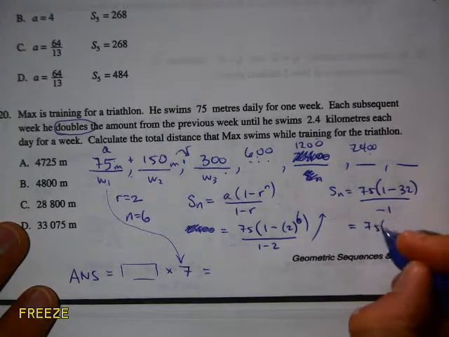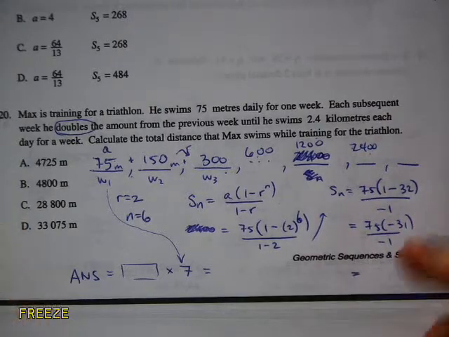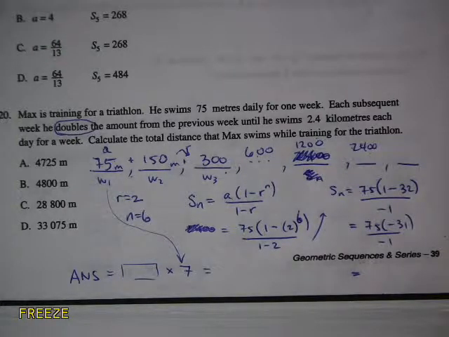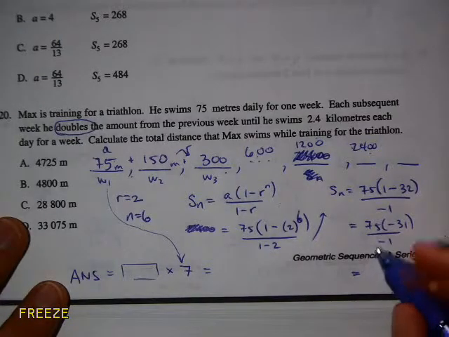So 75 times negative 31 over negative 1. 75 times 31. 75 times 3, 150, 225, 2,025. Say it once more.